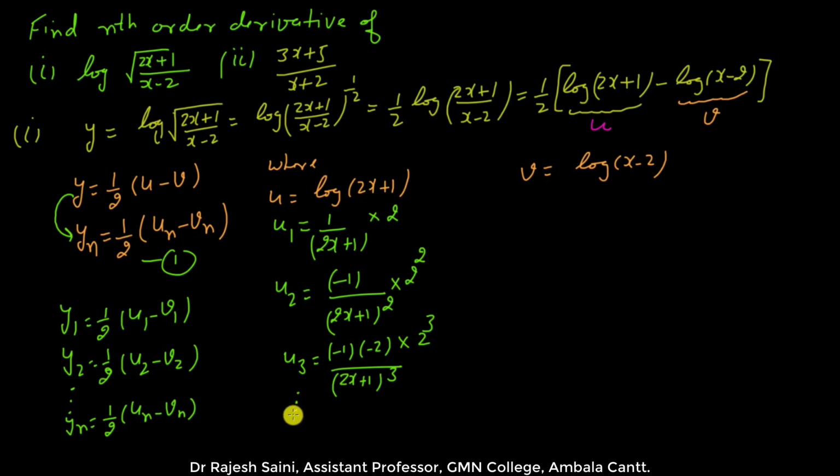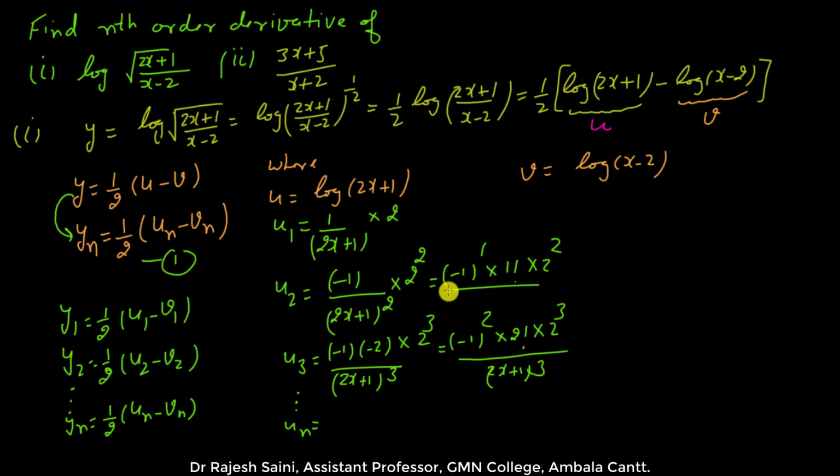Now you can easily generalize: it is (minus 1) squared, 1 into 2 is 2 factorial, into 2 raised to the power 3 divided by (2x plus 1) cube. And before that, it is minus 1 raised to the power 1, factorial 2 squared, (2x plus 1) whole squared.